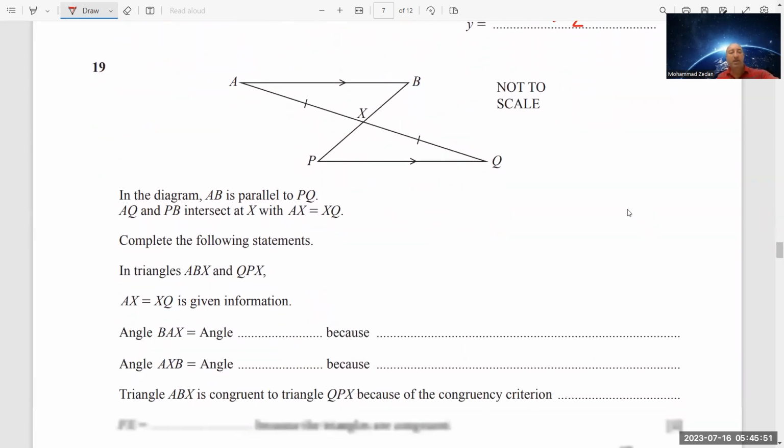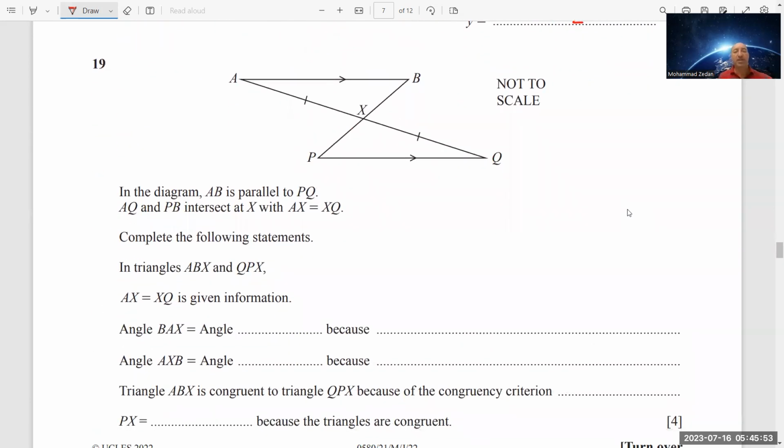I have here this figure, two parallel lines AB and PQ, and we join PB and AQ, which intersect at X, and AX equals XQ. The question is about the given information. Angle BAX, what is it?